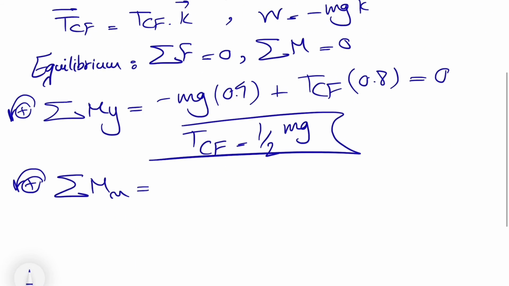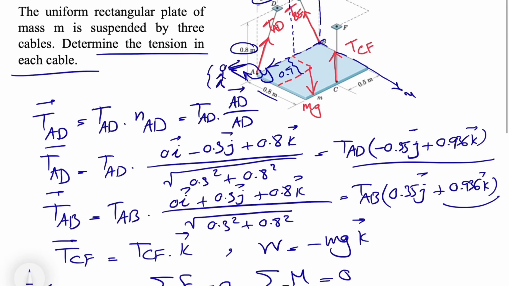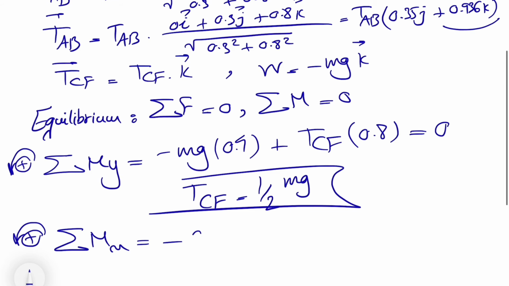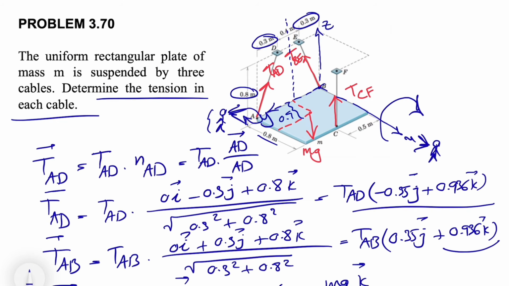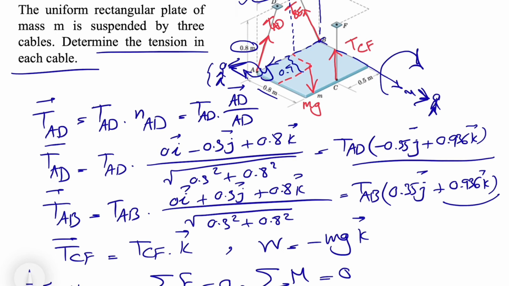Again, we're looking at the x-axis from here, and we'll see that the moment will be clockwise, so we have a negative sign for the z component of AB. So 0.936 TAB, and let's figure out the distance. We'll see we have the length of this slab, which is 0.3 plus 0.3 plus 0.4, which is 1.